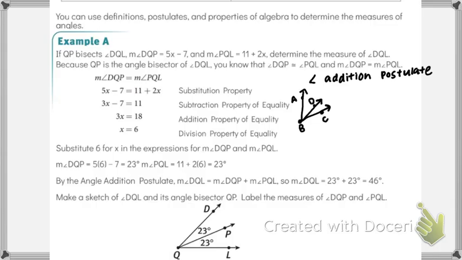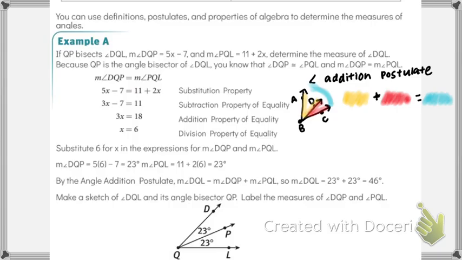When you're doing angle addition postulate, much like segments, you are going to be adding the first piece plus the second piece to get the whole thing. I'm just starting with color coding right now because these are a little bit longer to write, but you will need to be able to write these.